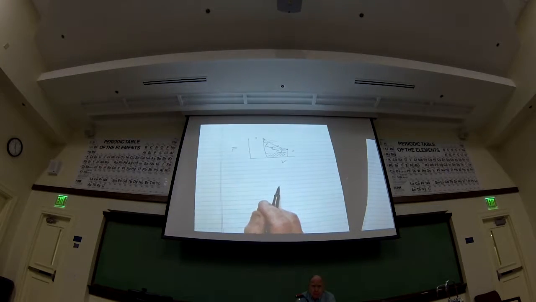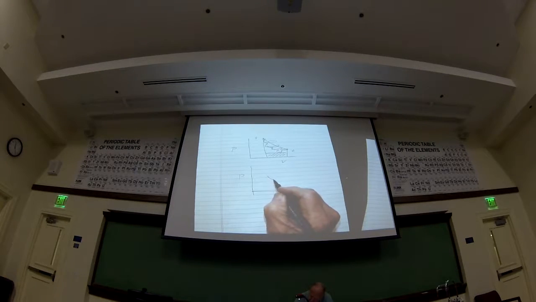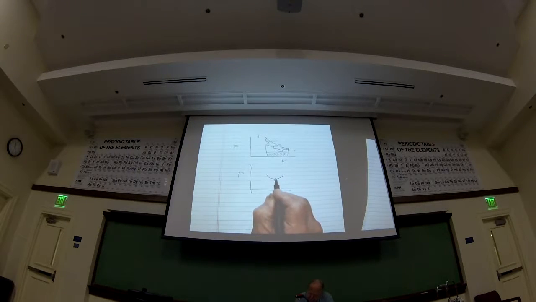It would still be an area under that curve, except with positive and negative areas. Take a case in point. Suppose this curve is going in this direction, that area is work done on the surroundings, expanding.